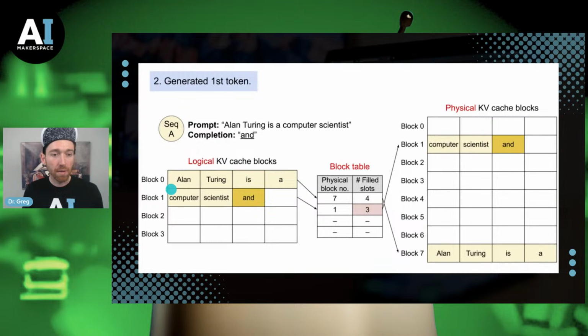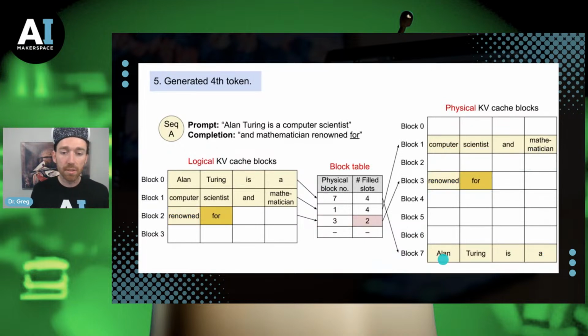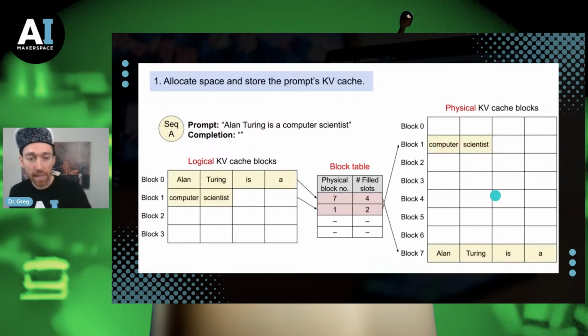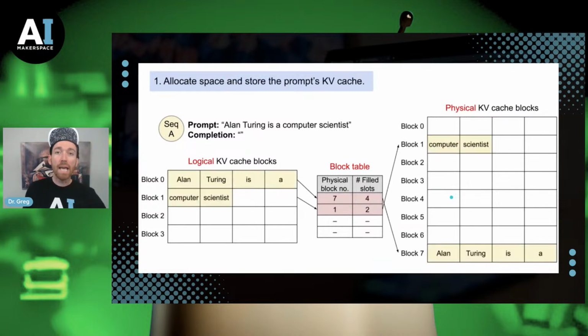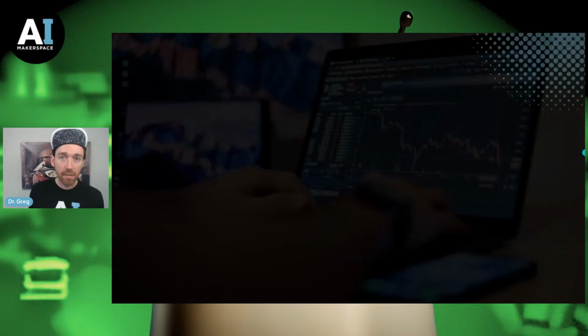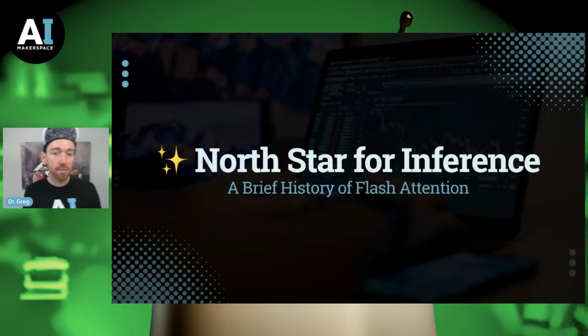So you can see Alan Turing is a can be taken to one block, and that can be used as the initial part of the sequence. Alan Turing is a computer scientist. Alan Turing is a renowned, et cetera. You can learn more about vLLM in our vLLM event that we did recently, but this is important context because they identified this, they built the KV cache, and they've been doing micro optimizations ever since.